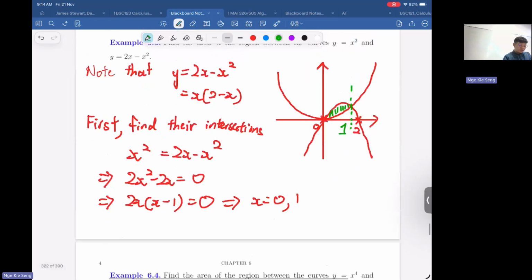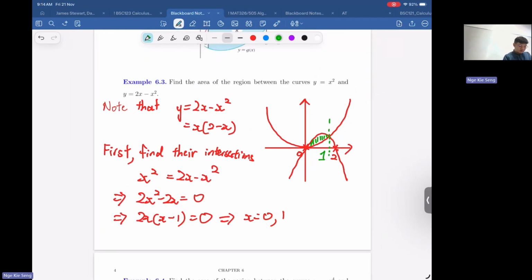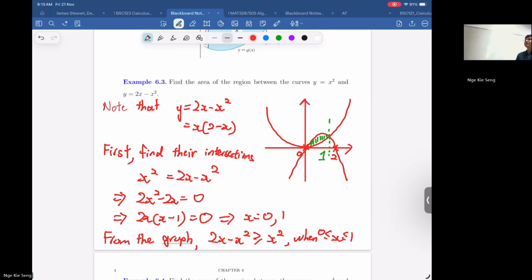Okay, then we can use the formula just now. From the graph, you can see that 2x minus x squared is greater than or equal to x squared when x is in between 0 and 1.